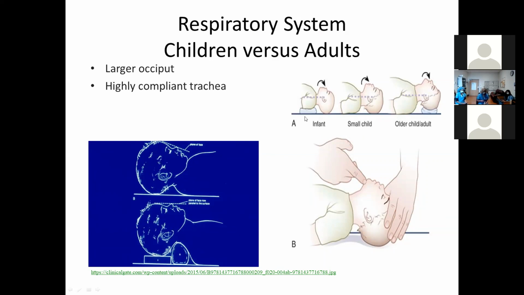But the key, in order to promote optimal airway opening, is to draw an imaginary line so that there is a straight line over the external ear canal and the anterior shoulder.